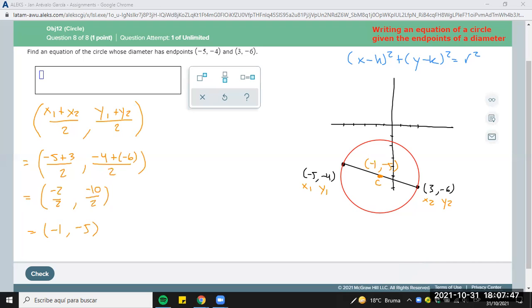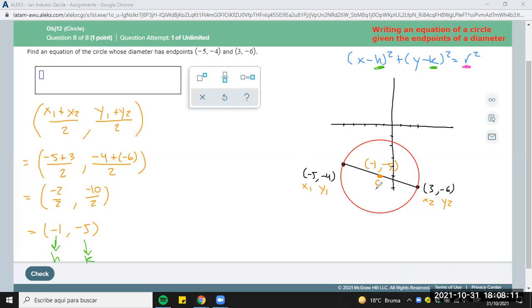So, as you know, the coordinates of the center of a circle are the h and the k parts of the standard equation, right?